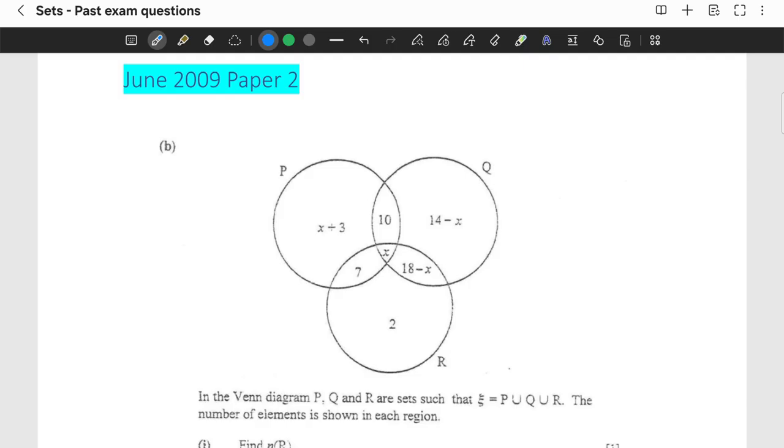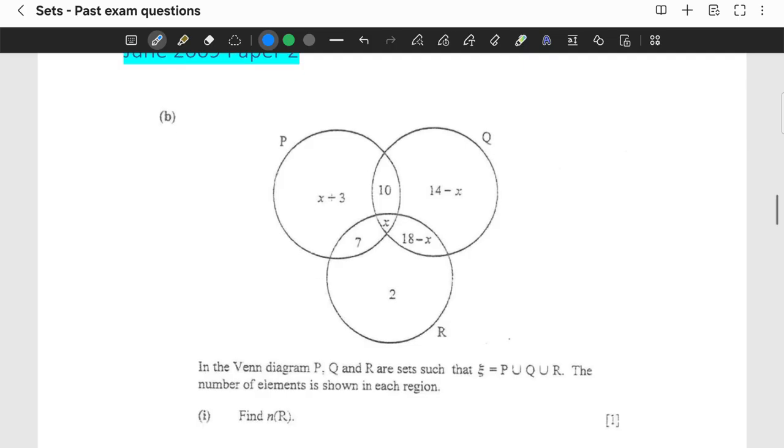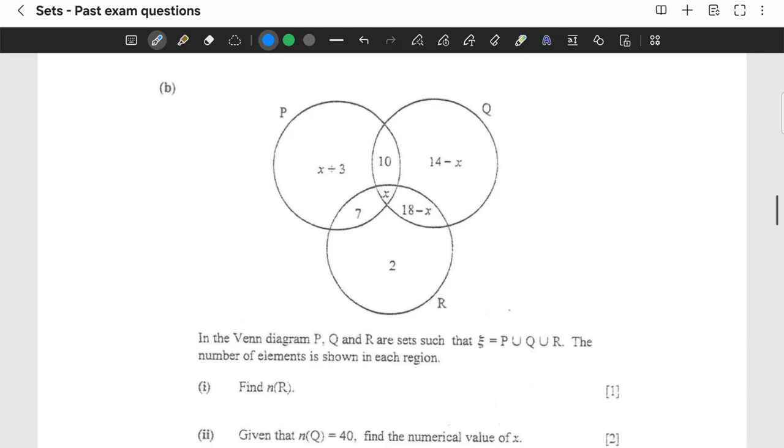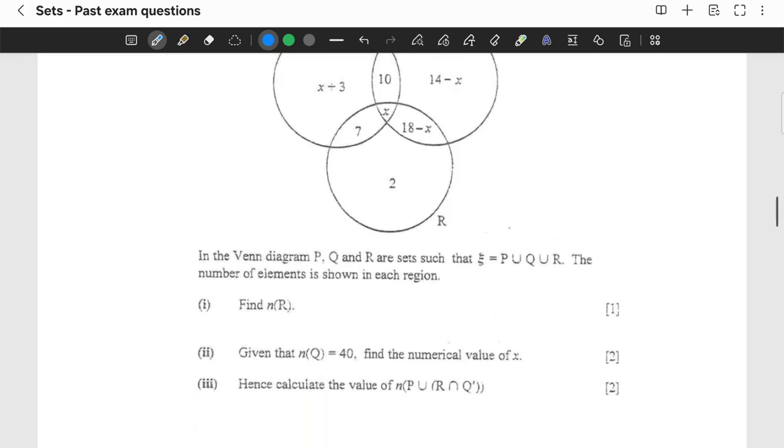Paper 2. It says, in the Venn diagram, P, Q, and R are sets such that P union Q union R is the universal set. The number of elements is shown in each region. Find the number of elements in R. So the number of elements in R is equal to 7 plus 2 plus x plus 18 minus x.